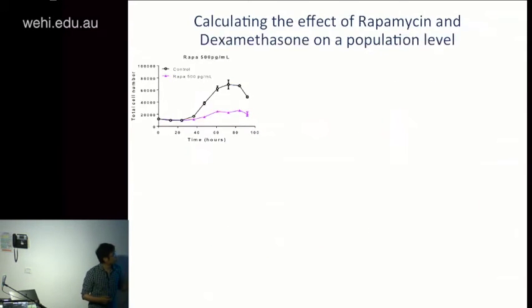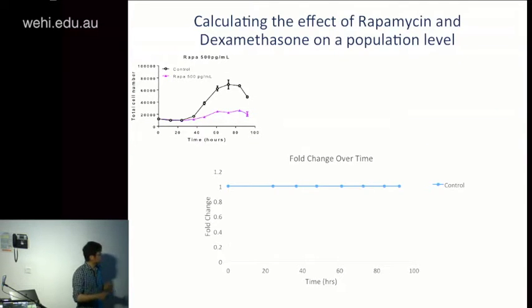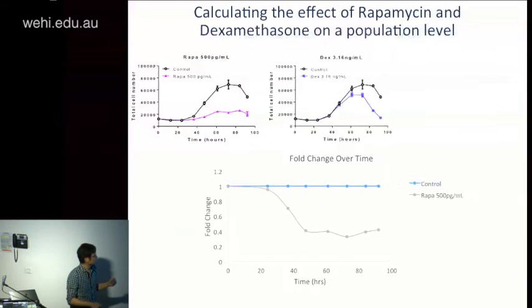To illustrate what I've done, this is rapamycin at 500 picograms per mil. The black line is control, and the purple line is rapamycin at 500 picograms per mil. If we were to do a fold change over time, we normalize everything to the controls at different time points, so controls will be 1 at every time point. If you normalize the rapamycin at every time point to the controls, this is the fold change that we get.